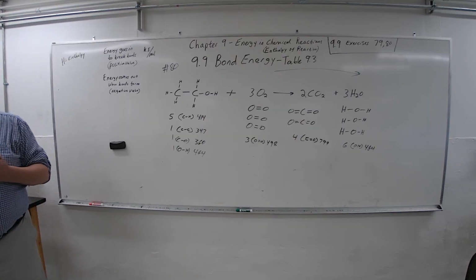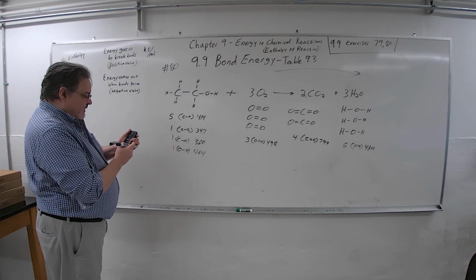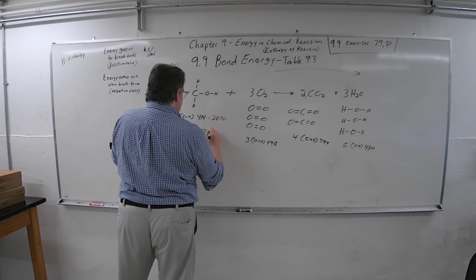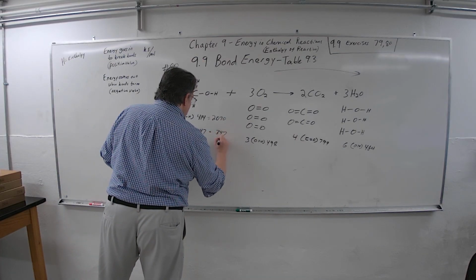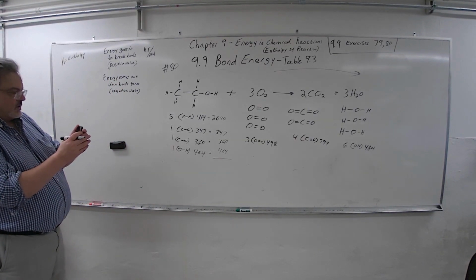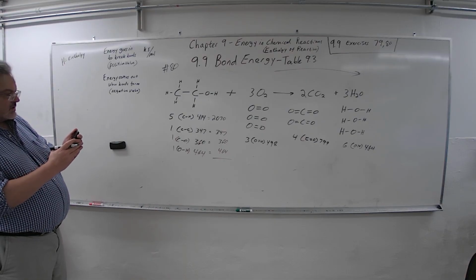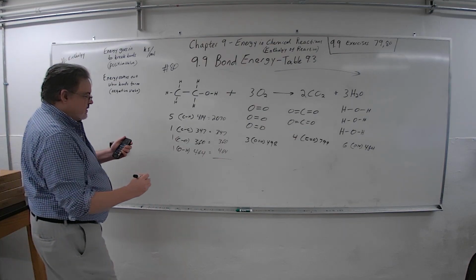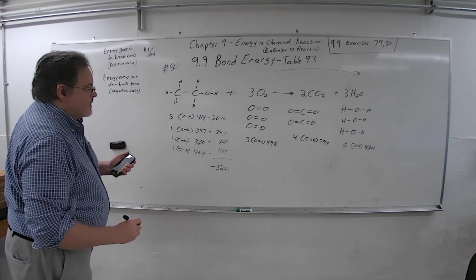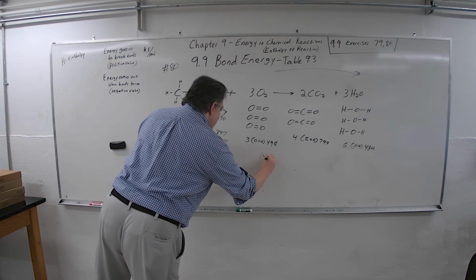See what I've done? You guys good with that? So now we have to do the math. 5 times 414, 347, 360, 464. 2070 plus 347 plus 360 plus 464. 3 times 498, 1494.